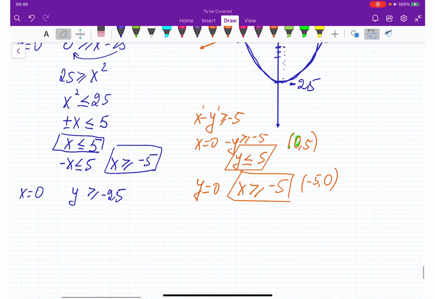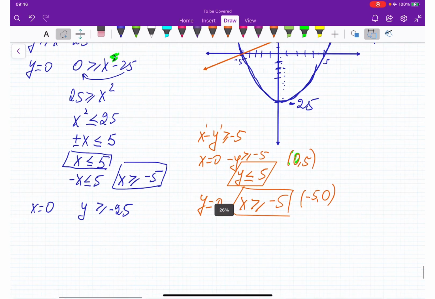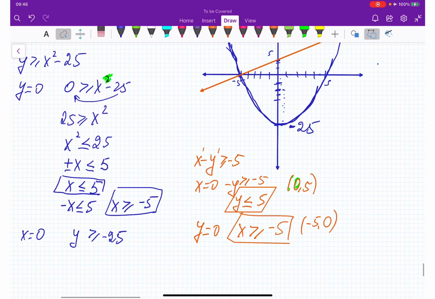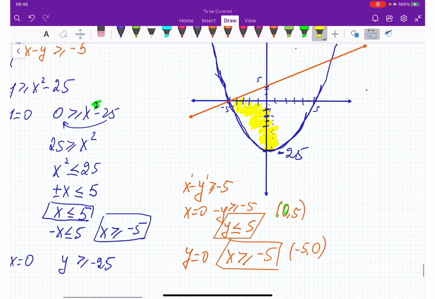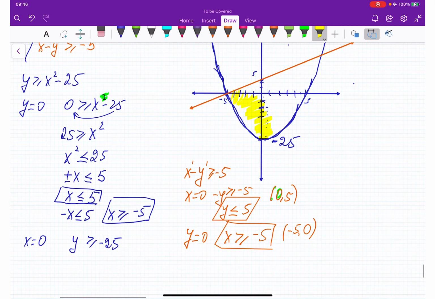What do we get? For the blue one, x greater than negative 5. y greater than negative 25. So it comes this way. Let's see if it will be limited by this linear graph. So we have y is less than 5.